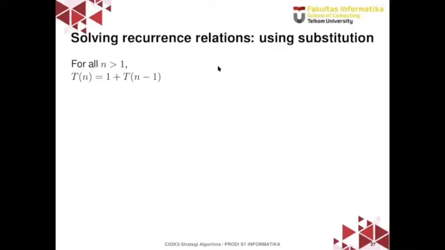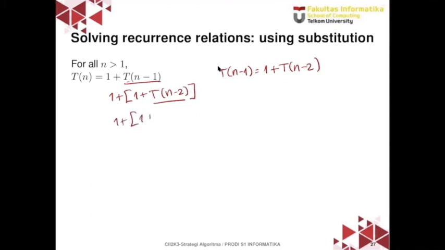And from this relation, we also know that T(n minus 1) is equal to 1 plus T(n minus 2). So we can substitute this to 1 plus 1 plus T(n minus 2). And we can substitute again to 1 plus T(n minus 3), and so on.